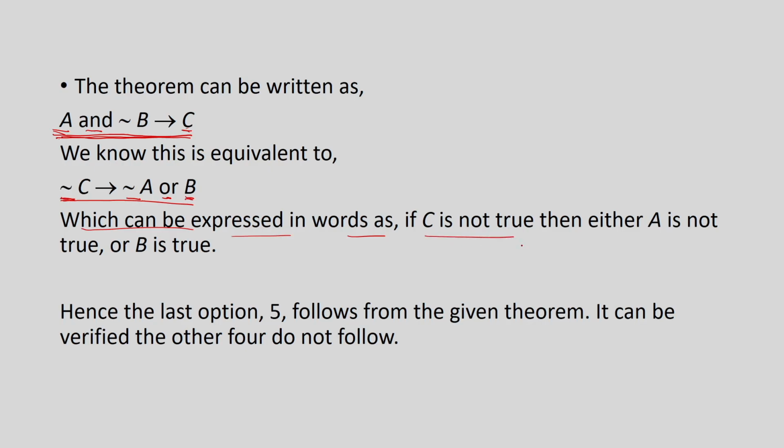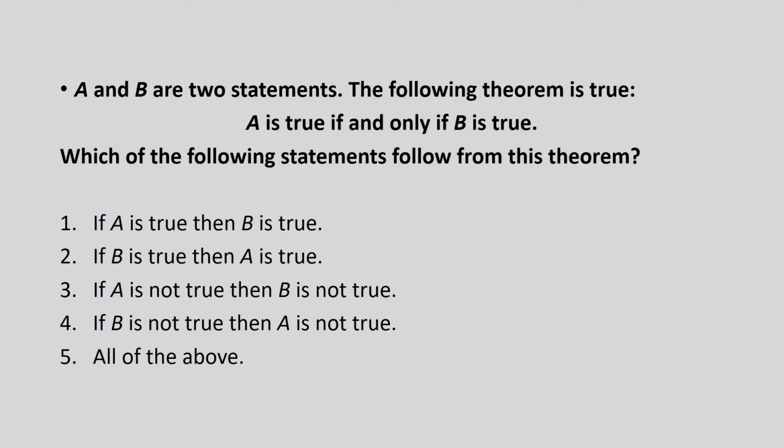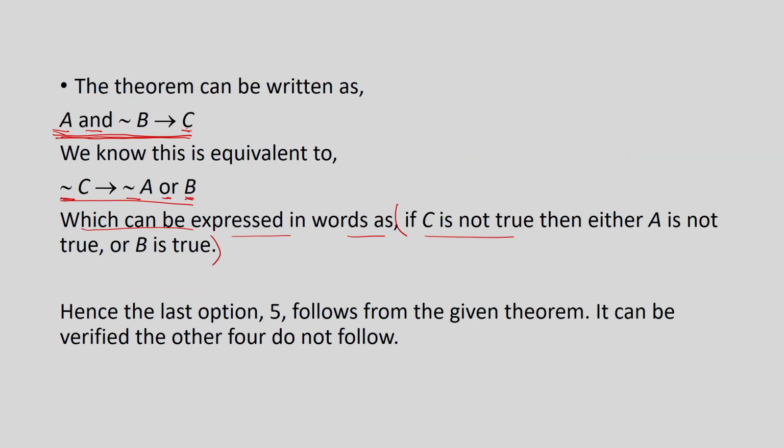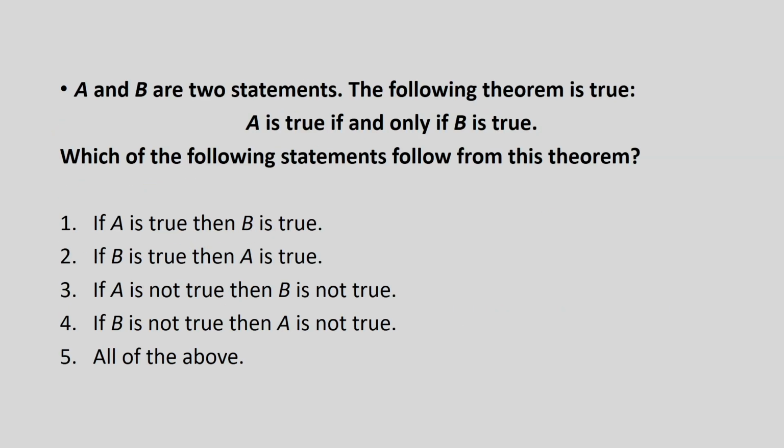Now, let us see if this is there in any of the 5 options. If C is not true, then either A is not true or B is true. That is what we have to look for.